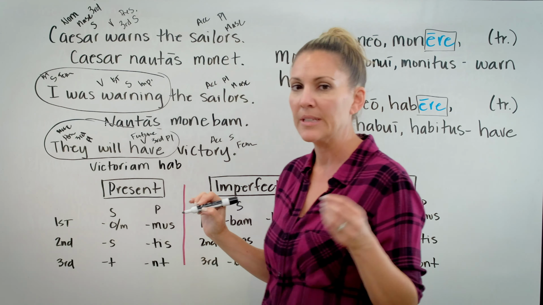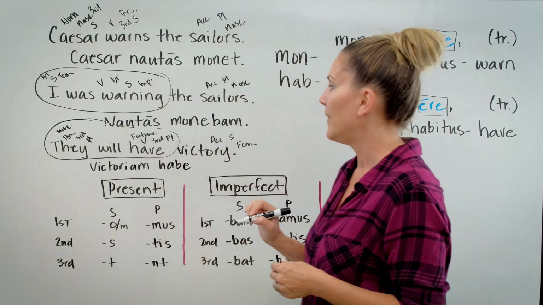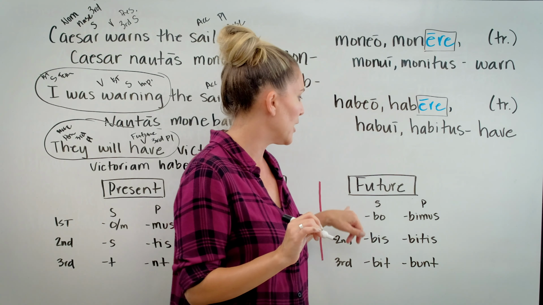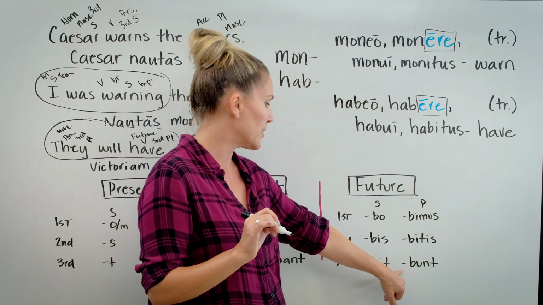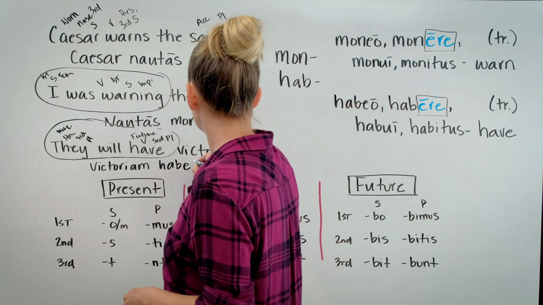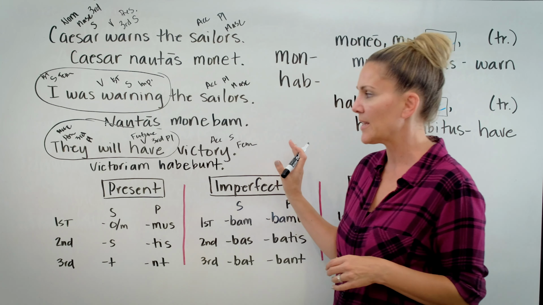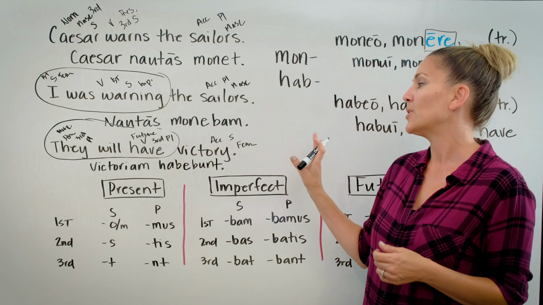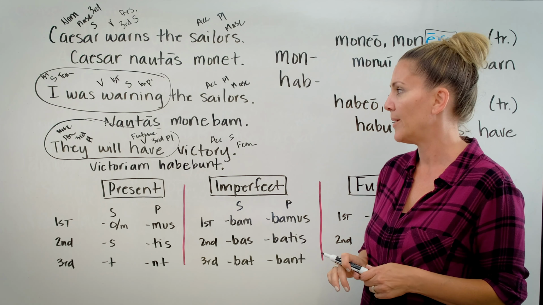I need to insert my conjugating vowel, which in the second conjugation is an E. And then I'm going to look over here at my future third person plural endings, which is bunt. And so that's how we would translate that sentence in particular. Victoriam habebunt. And that means they will have victory.